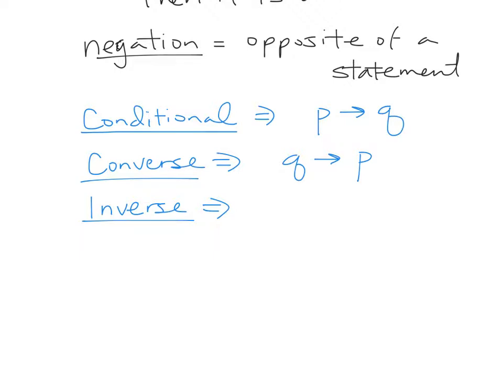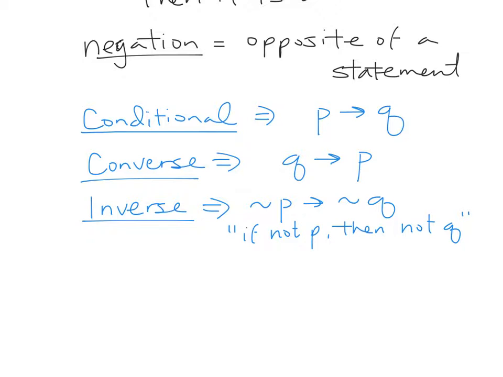So if it was if P then Q, now the inverse is if not P, then not Q. Okay, so you say if not P, then not Q. That's how you would say that one. So it's a little tilde, not P and not Q.